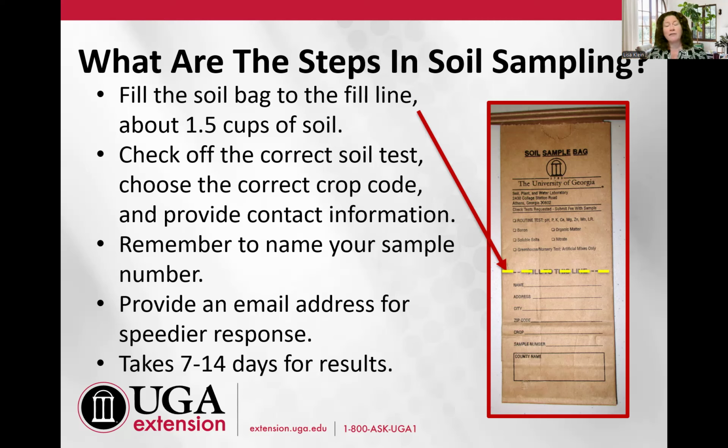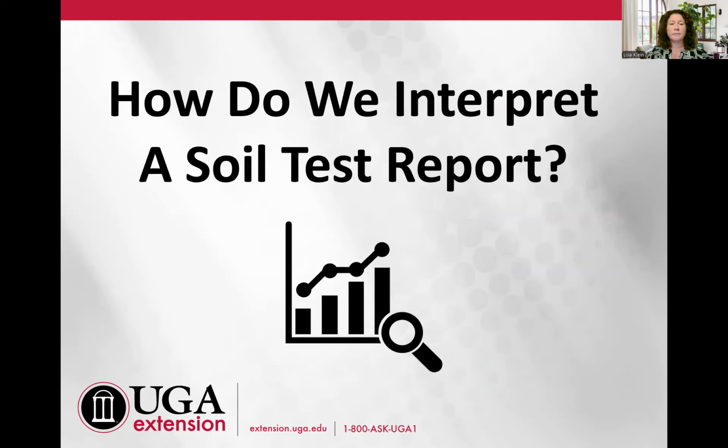Keep in mind that if it's a new area, put whatever it is that you're going to plant there as your crop. And it takes 7 to 10 days. As we collect more and more samples in the spring, which is a popular time, sometimes we'll send them out twice a week because we get so many. But in the fall, it kind of depends, usually once a week.